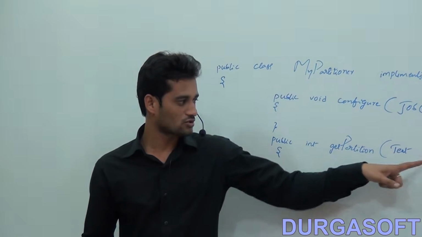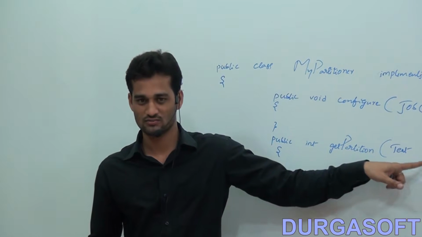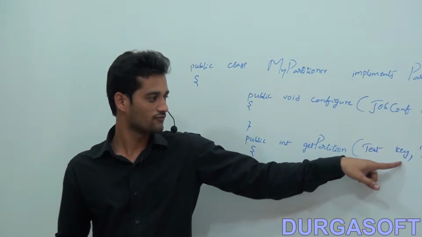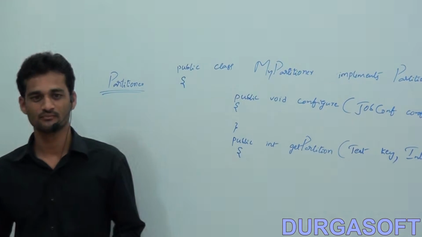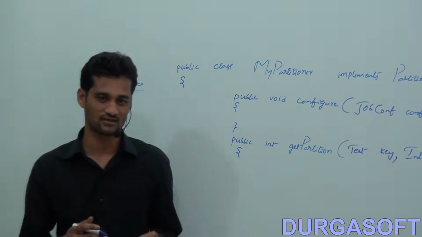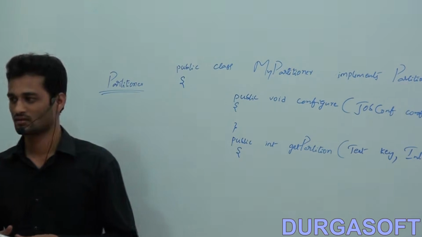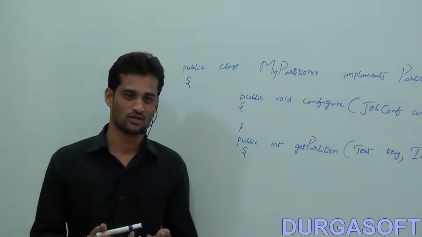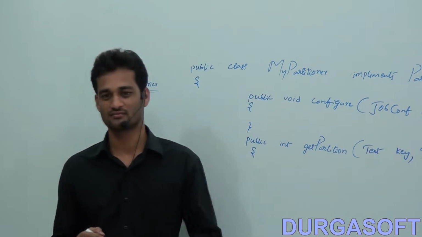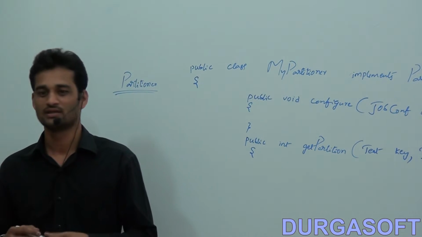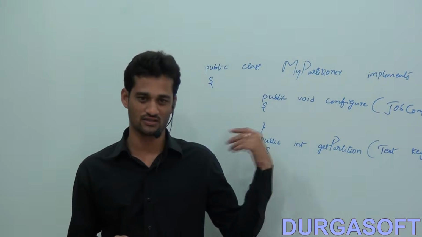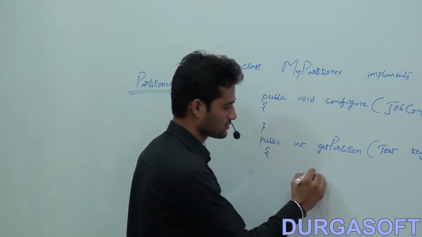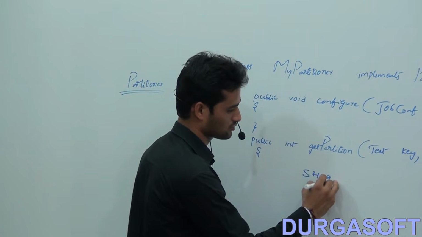Now observe here, how to find its length. Key is this one only, right? So how to find out its length? You have to use the length method. Do we have a length method in this Text class? You don't have. Then what we have to do? Convert that Text type key into String type. How to convert that? By using toString.